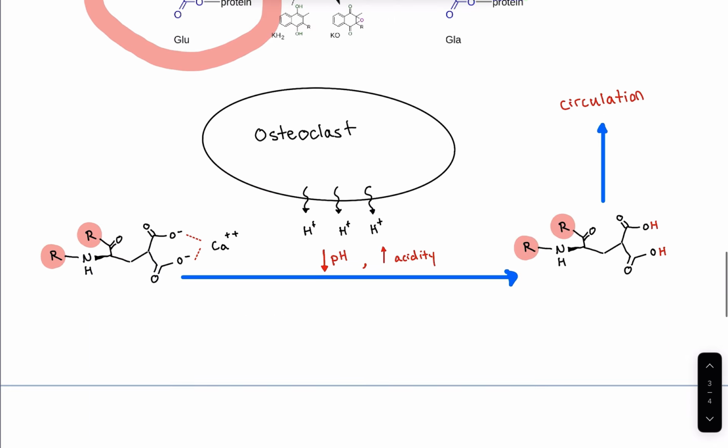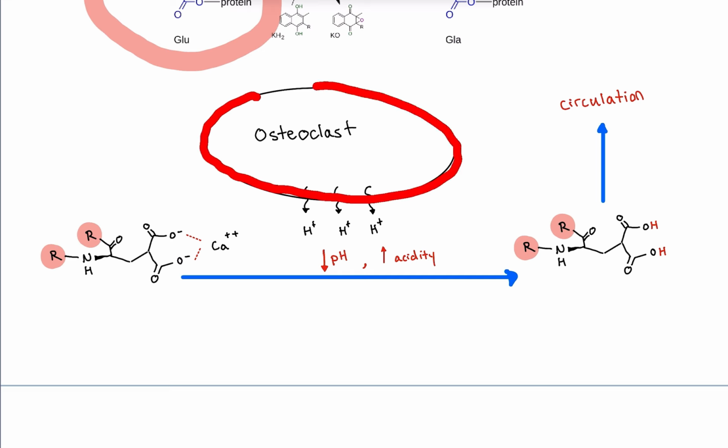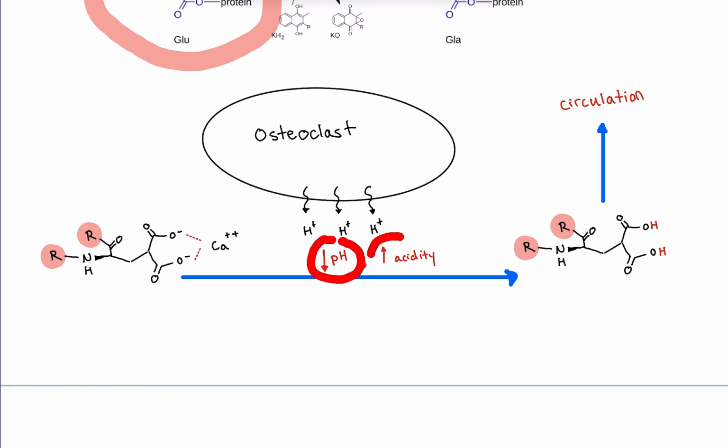And then when I'm reabsorbing bone, or when I activate an osteoclast, so these cells that start breaking down bone, osteoclasts will start decreasing the pH or increasing the acidity of the extracellular matrix of bone. So what they do is they start pumping hydrogen ions to the outside of the cell, where I have a lot of hydroxyapatite and calcium that has been sequestered.